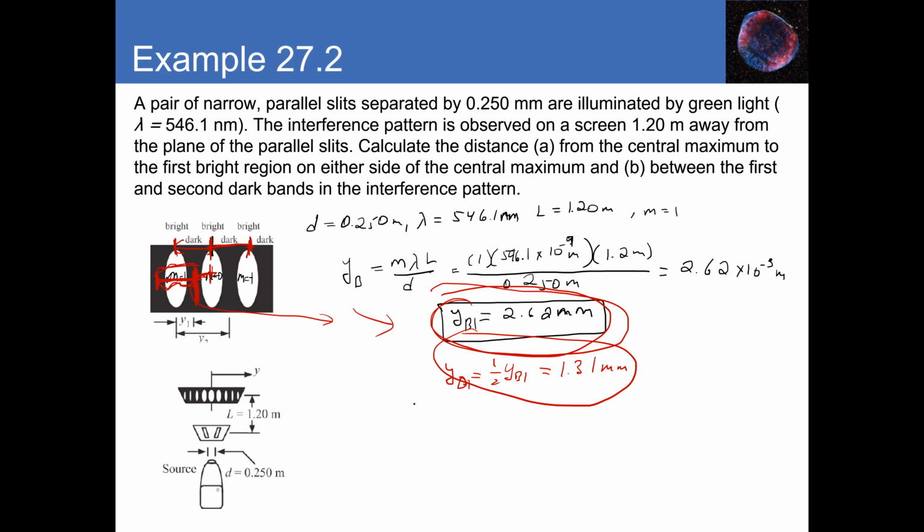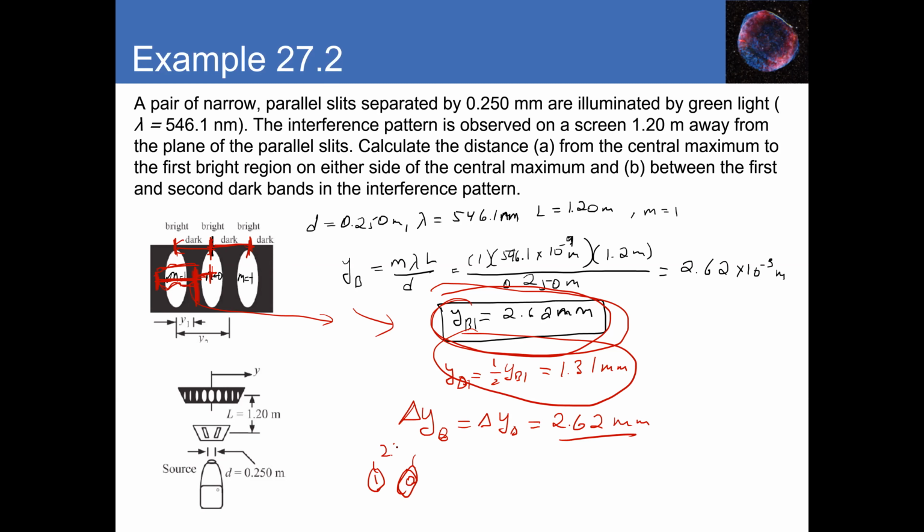That means delta y for any bright or delta y for any dark is exactly going to be the same. In this case, it's 2.62, because this was the measurement from the central to the first bright, from 0 to 1.